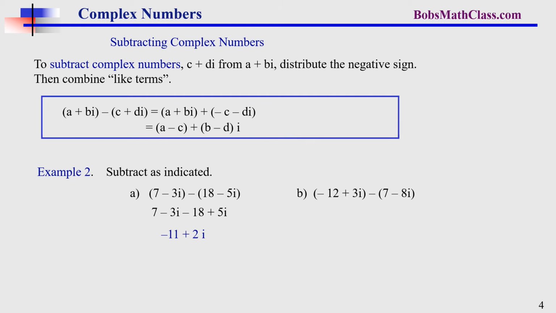All right, next part, distribute the negative sign. And then add the real parts and the imaginary parts. So you should get negative 19 plus 11i.